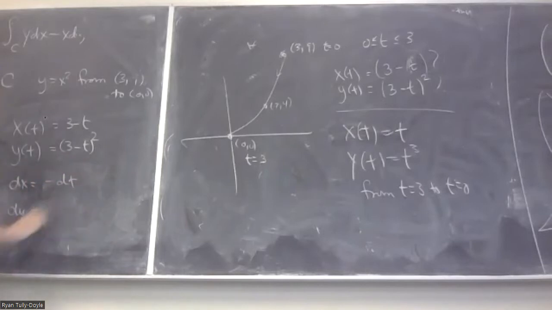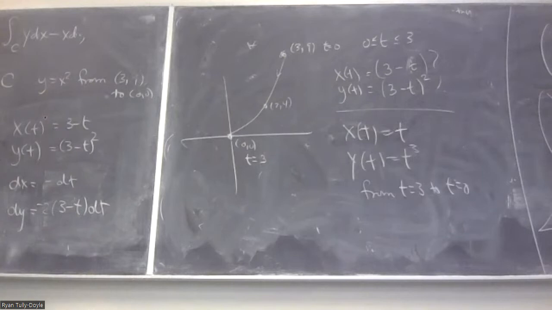And dy is equal to 2 times 3 minus t dt. That's the derivative of y, 2 times 3 minus t, times -1. There. Don't give me a skeptical look about a negative sign. Don't tell me it's just a negative sign.